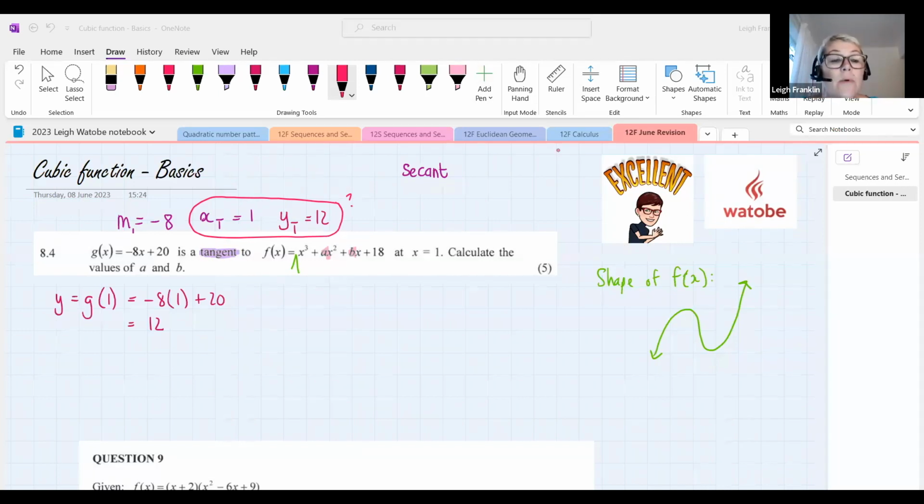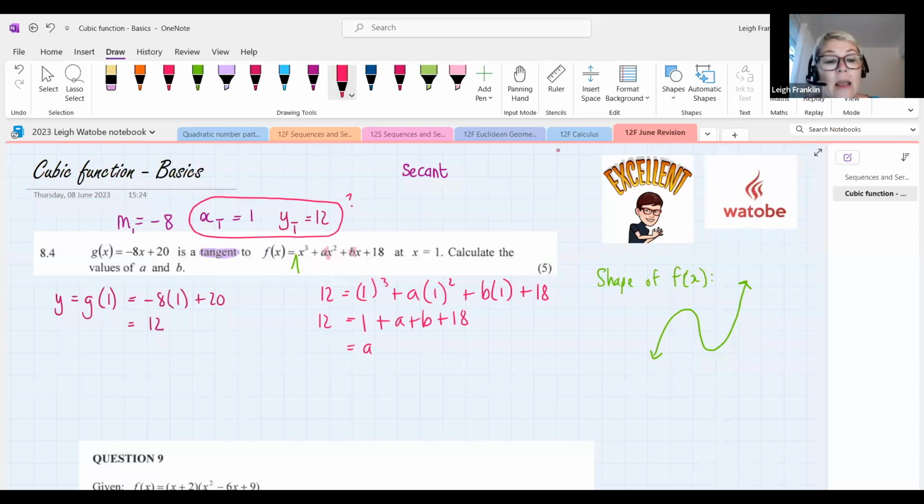Okay, so I would write 12 equals 1 cubed plus a x squared plus bx plus 18. And I could simplify that. So that gives me 12 equals 1 plus a plus b plus 18.